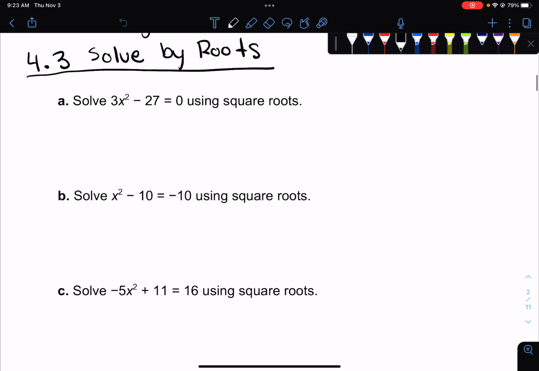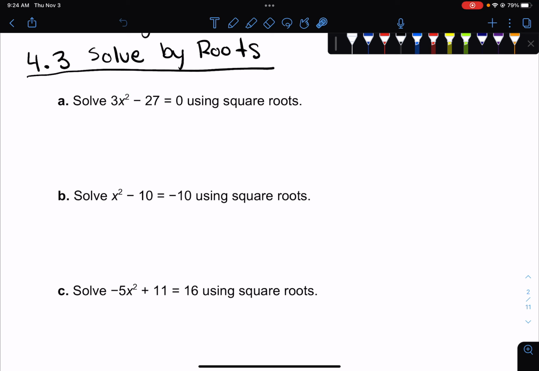So 4.3 is all about solving equations, which you know how to do. You've been solving equations. You've been doing the railroad track thing since probably 6th grade. And you followed a lot of the same steps that we're going to use today. So the problems today, the difference is this right here.